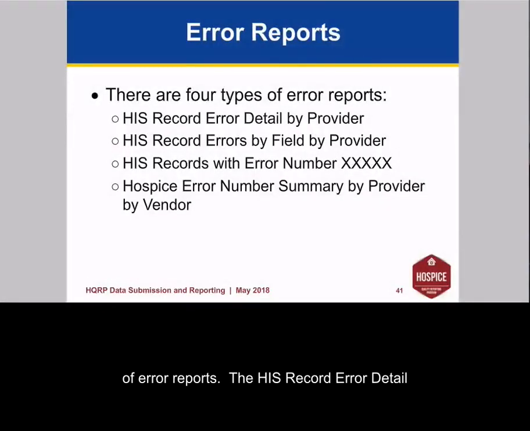There are 4 types of error reports: the HIS Record Error Detail by Provider report, the HIS record errors by field by provider report, the HIS records with error number XXXXX report, and the hospice error number summary by provider by vendor report.